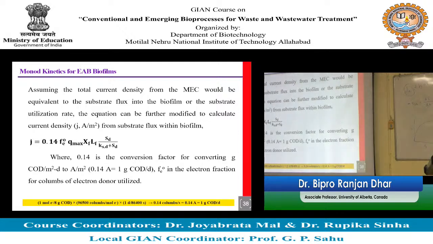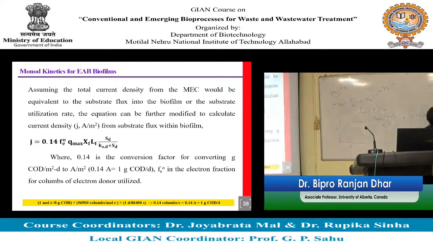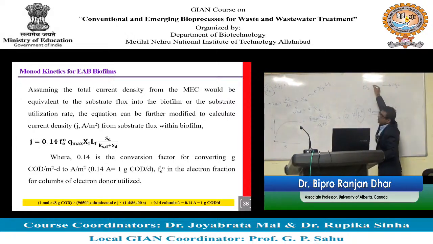So from half reaction, for example, oxygen reduction to water, right? How many protons should I put here? 2. And how many electrons? 2 by 2, I guess, because when you balance oxygen, H2O, you have to multiply by 1 by 2. Multiply by 2. Then it should be 4.